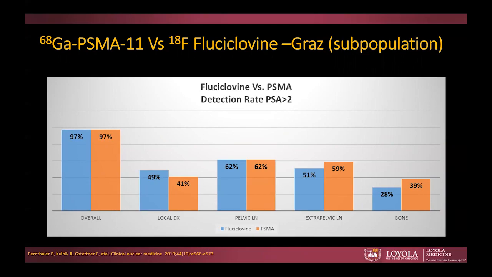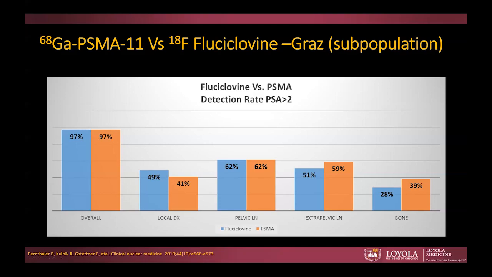And you can see when you look at this subpopulation, there is no statistical significance between any of the detection rates of different locations, even though there is slight benefit for fluciclovine for local detection rate and slightly better for PSMA for extrapelvic lymph nodes and bone lesions. You do see that it's probably not significant.